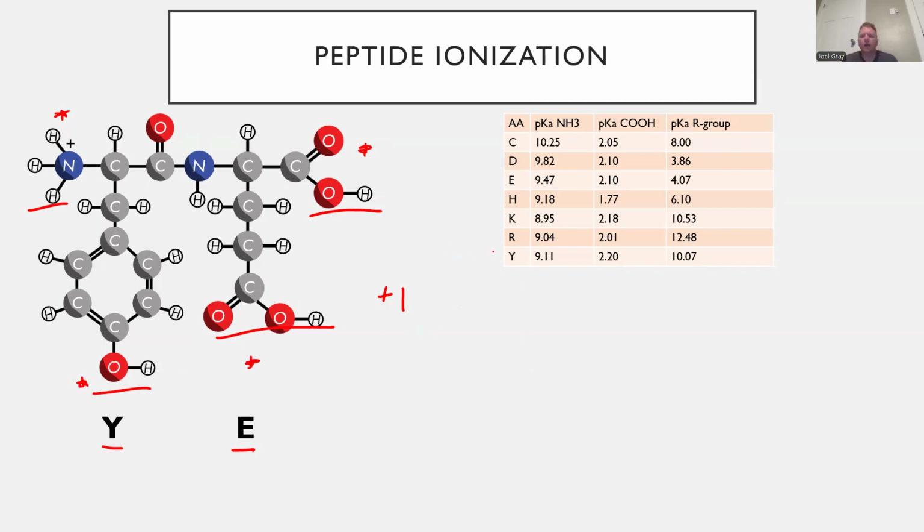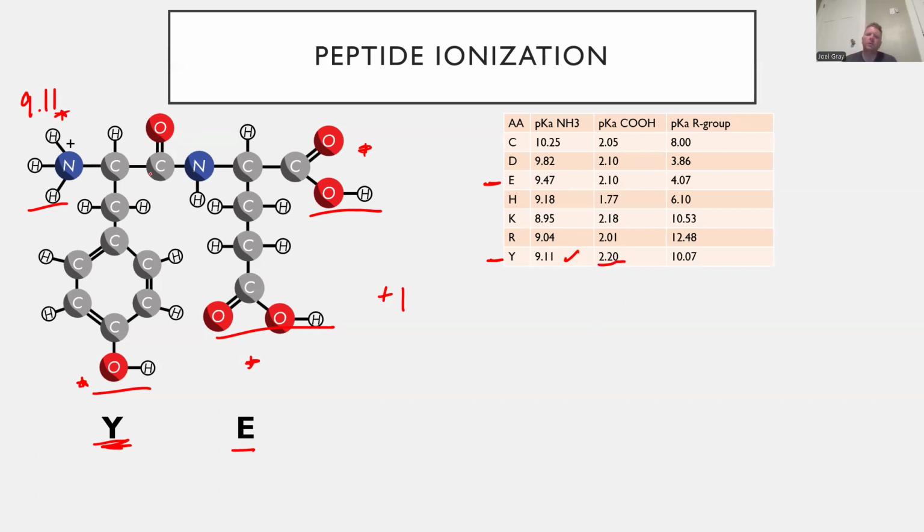Now, if we look at Y and E respectively, let's take a look at the different pKa values that we need to be thoughtful of. Well, the N termini of tyrosine, Y, has a pKa of 9.11. So we're going to use that. We're going to assign that. Now, the C termini of tyrosine, 2.20.